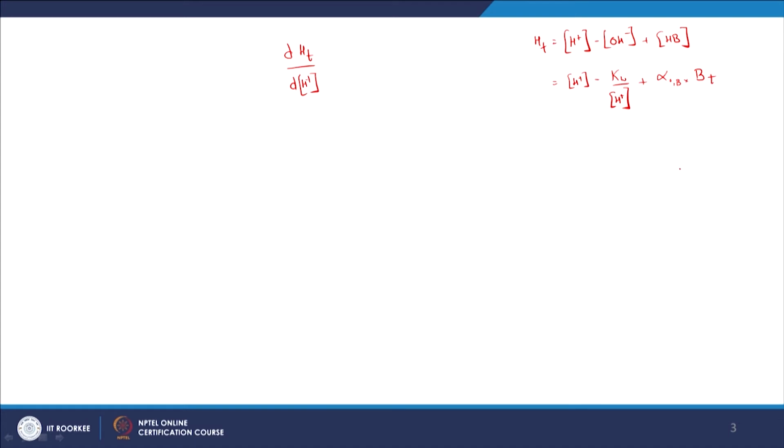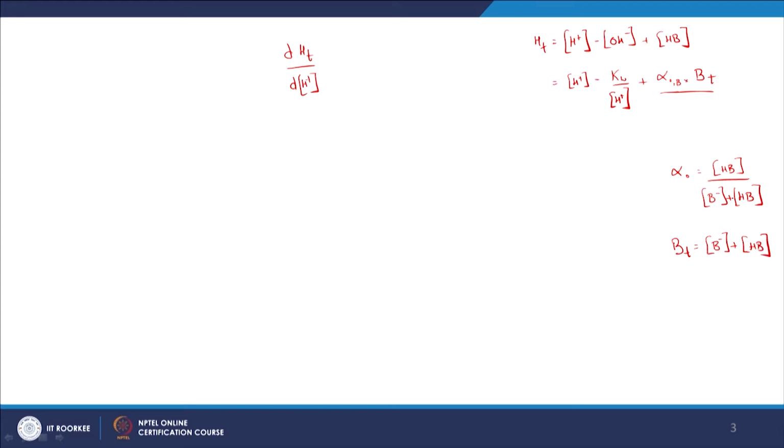Alpha naught gives us an idea about HB by the deprotonated form and the protonated form, or the total acid. And B total is equal to HB plus B minus, and that's how we end up here.